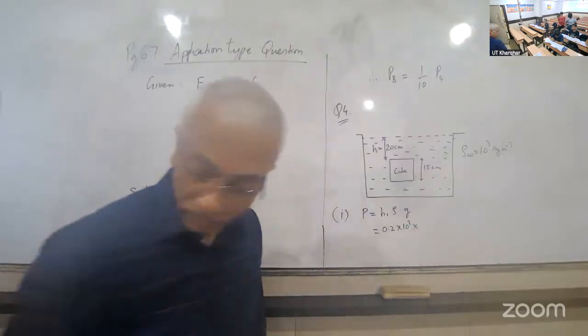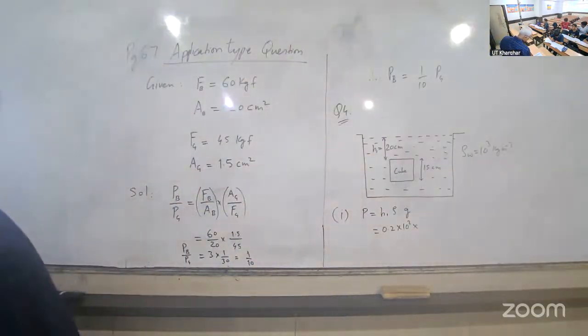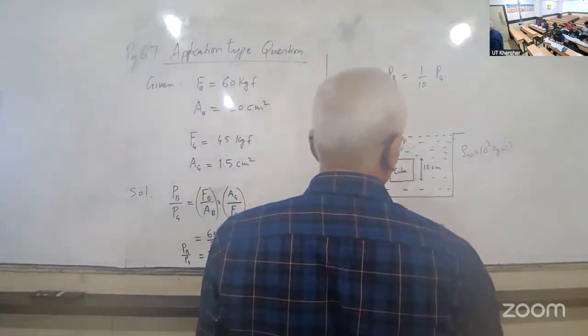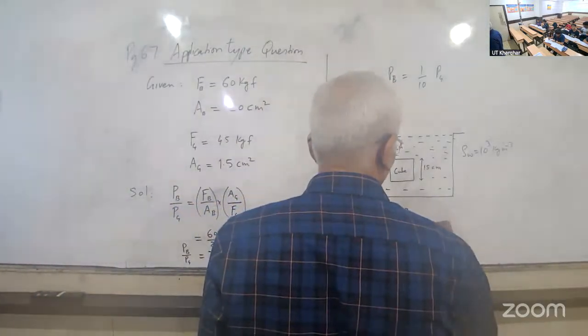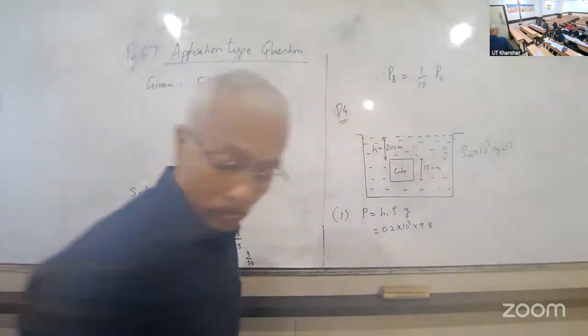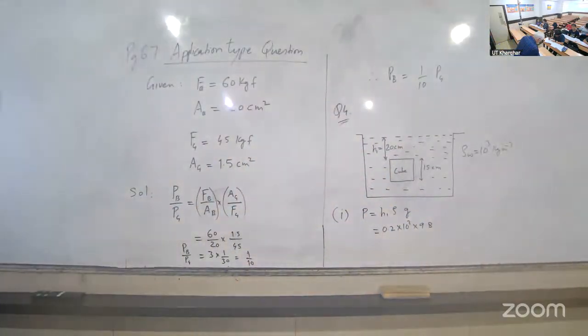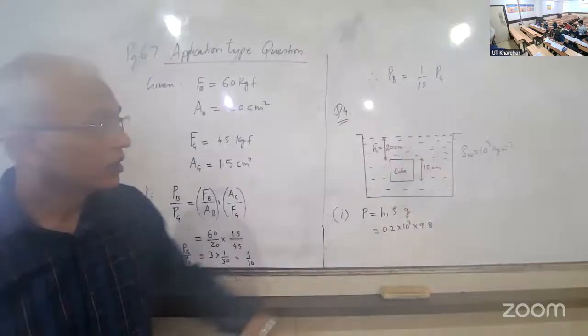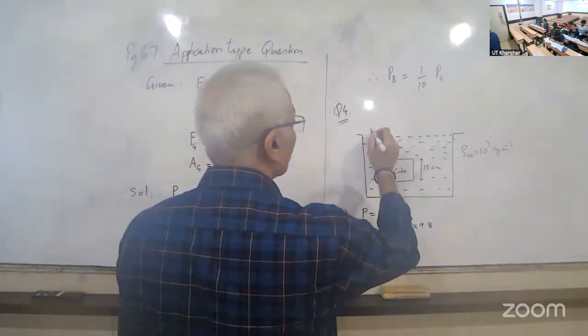How much is g given in the question? g you have to take as 9.8. Okay, so this is the pressure due to the water column, and you have to also take atmospheric pressure, P naught.